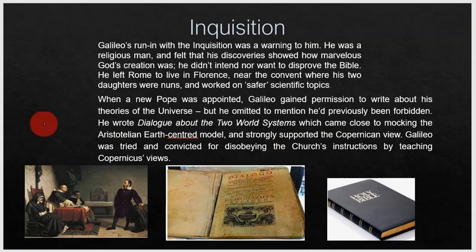Galileo was tried and convicted for disobeying the church's instruction by teaching Copernicus's views, or this sun-centered approach. So again, you had the Bible at the time, and this is a portrait of the church, really cracking down on what Galileo was allowed to talk about and publish based on the observations that he was making with his telescope.